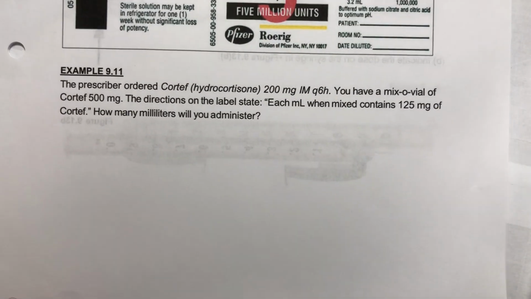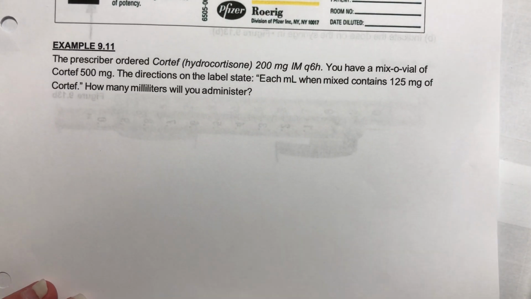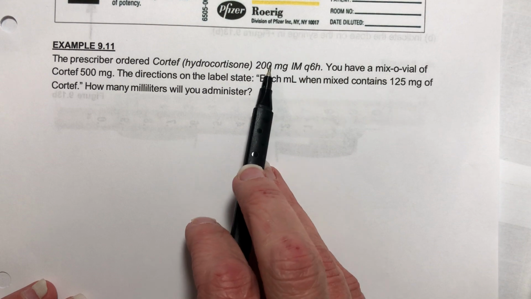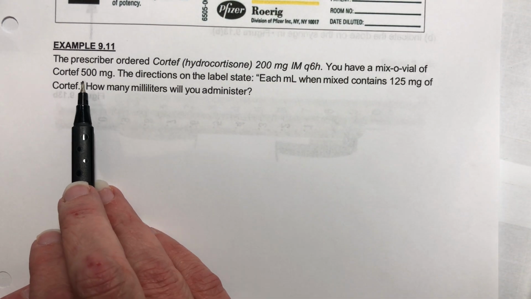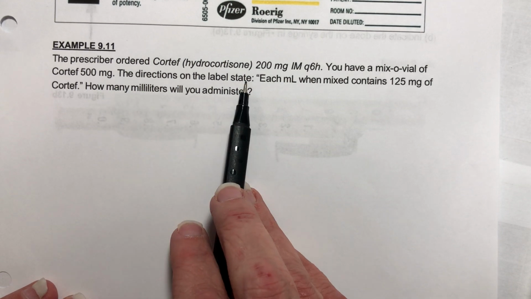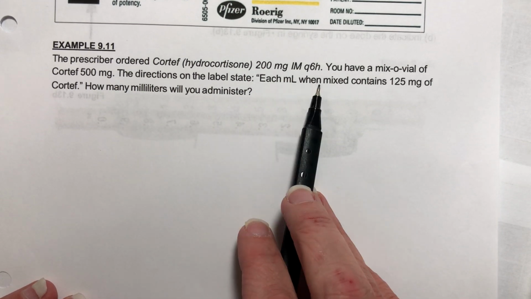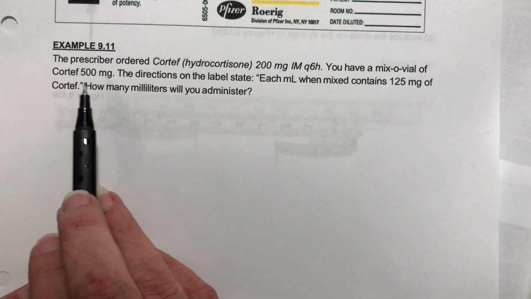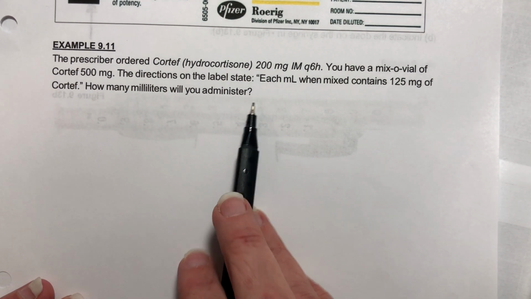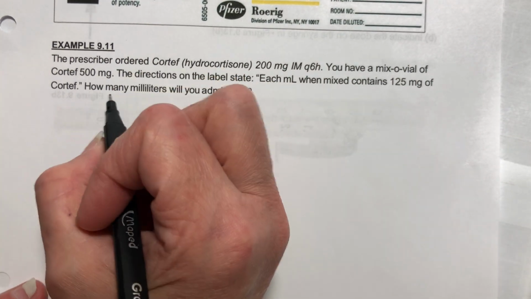Okay. Number 11. The prescriber ordered this drug 200 milligrams. You have a mix of vial that contains 500 milligrams. The directions on the label state each milliliter, when mixed, contains 125 milligrams of Cortef. How many milliliters will you administer? Okay, so let's just organize this information.